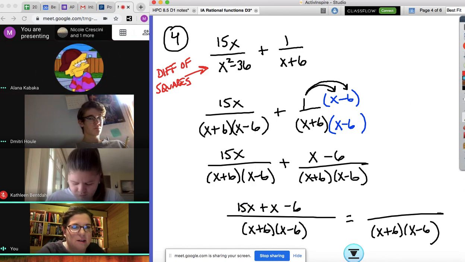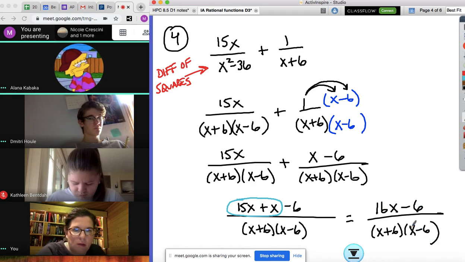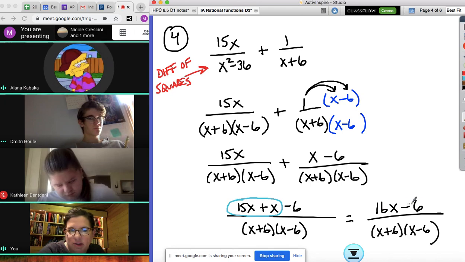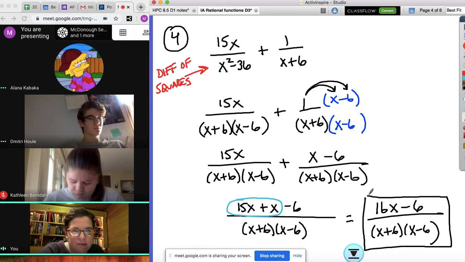These are like terms right here. They both involve x's, so that'll be 16x minus 6. And there's nothing common between the 16x and the 6. There's nothing that can be taken out. Nothing's going to cancel. That's as good as it gets.